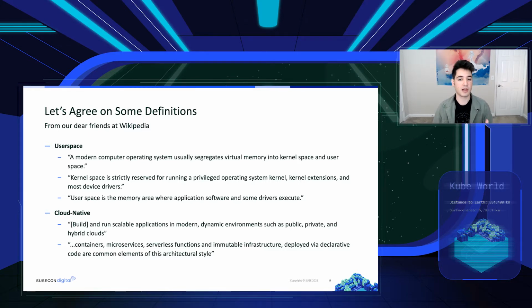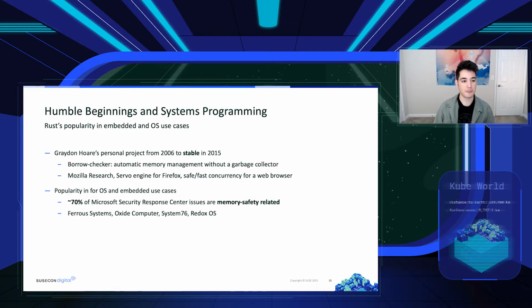And when we talk about cloud native, we're talking about building and running scalable applications in private, public, and hybrid clouds, specifically in capacities like containers, microservices, serverless, immutable infrastructure that are deployed by declarative code. I'll try not to use them interchangeably, but just know that dichotomy as we go throughout this, because that is an incorrect usage, but we're going to try to make this as correct as possible as we go through.